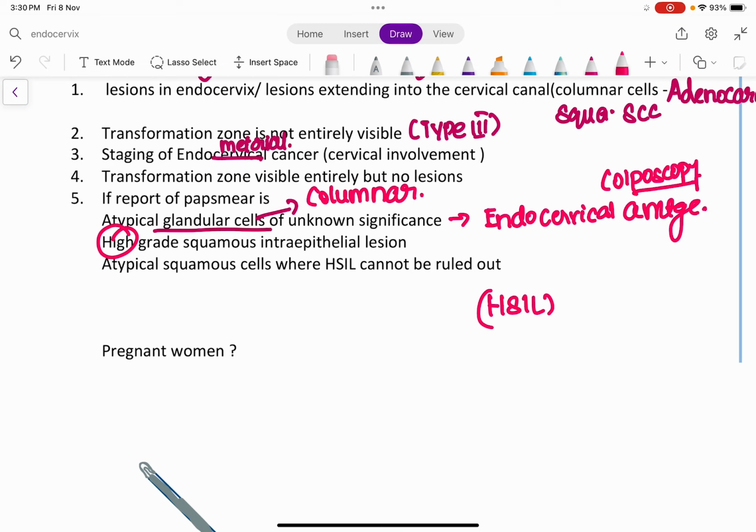Also in atypical squamous cells where HSIL cannot be ruled out, the possibility is 50-50. So again, where HSIL is present, I have to follow with the endocervical curettage. Is that clear? Wherever I see HSIL, I have to follow it with endocervical curettage.